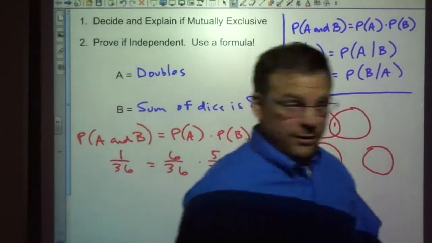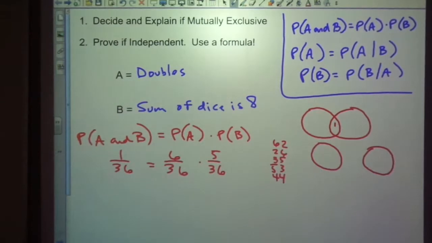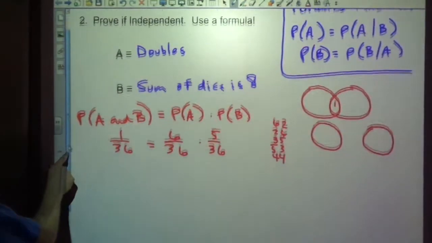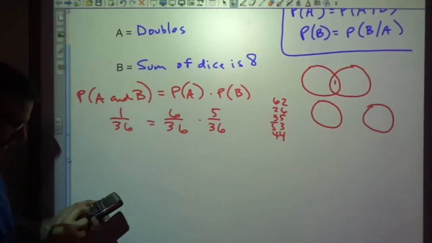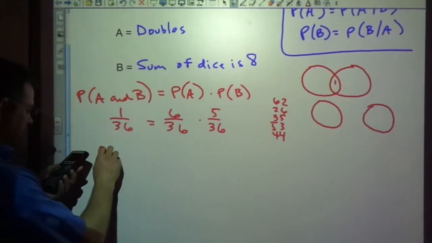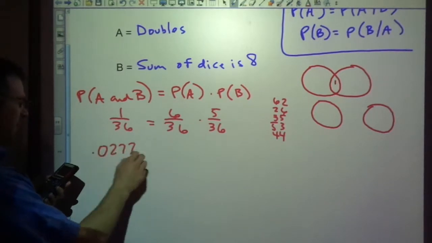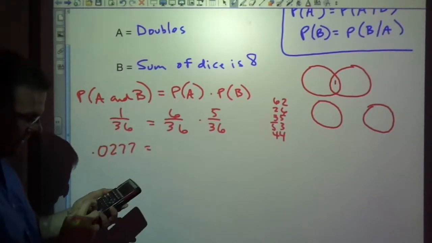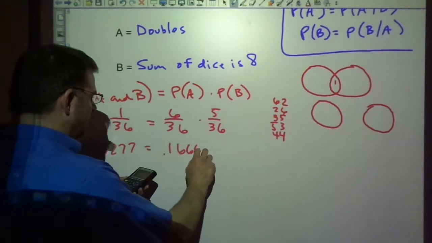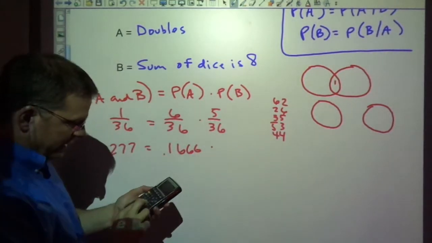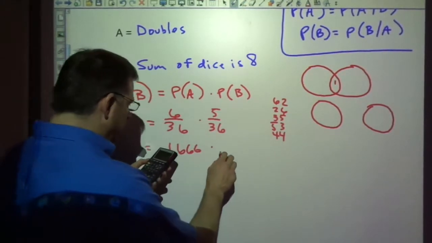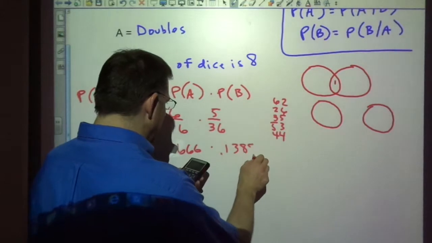So I'm going to grab my calculator and simply punch this up and see if it is equal. 1 out of 36 is 0.0277. 6 divided by 36, 0.1666. 5 out of 36 is 0.1388.